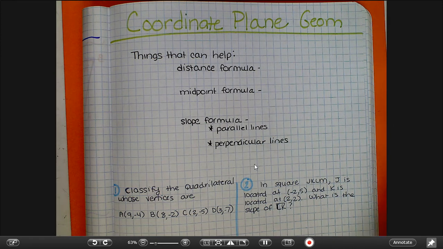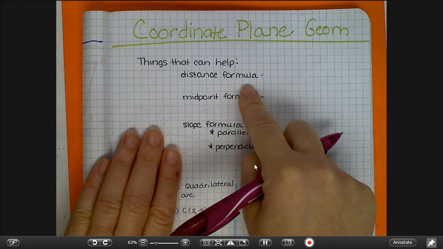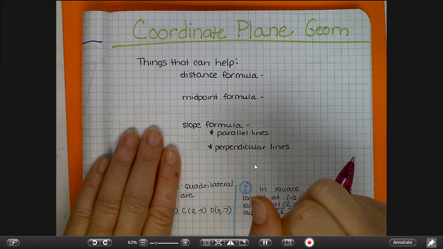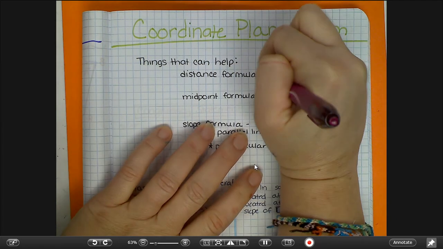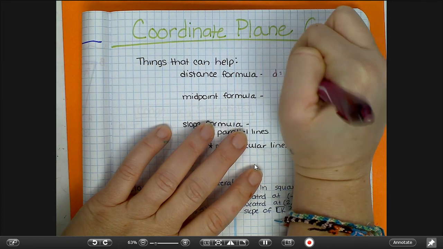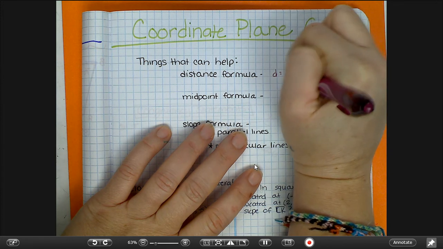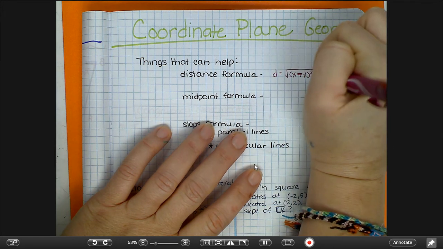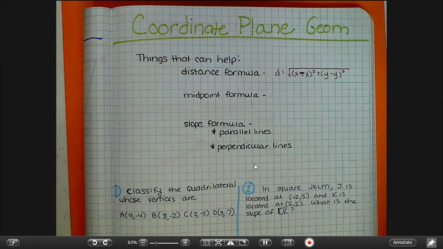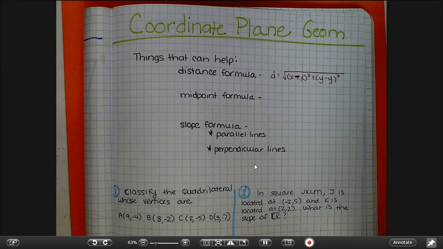The things that can help you are the distance formula, which hopefully you will pause the video and write down from memory. Ready? Go. All right, hopefully you are looking and yours is the same as mine.